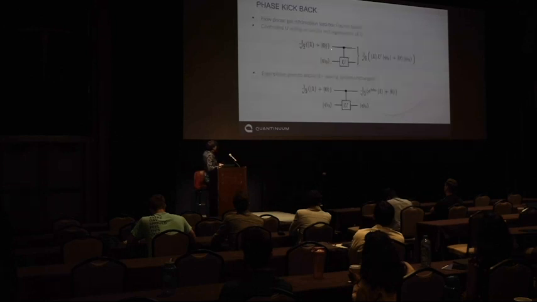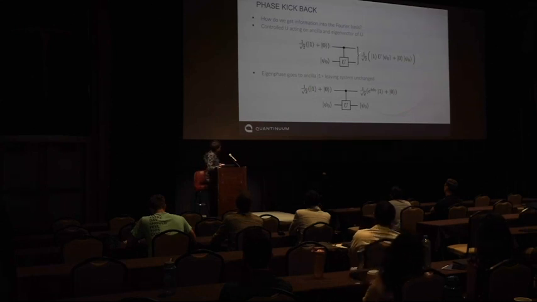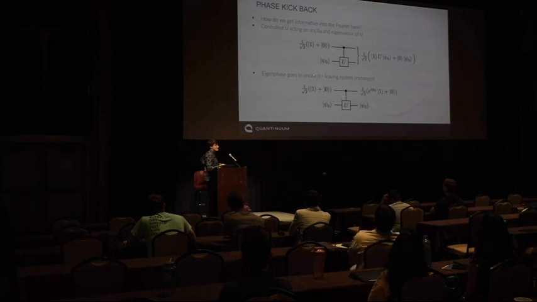I'm sure you've all seen this before. This is the classic phase kickback. So we're acting on an eigenstate, on our second qubit, or this can be a register, whatever.